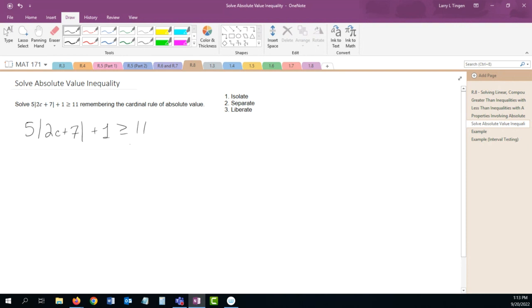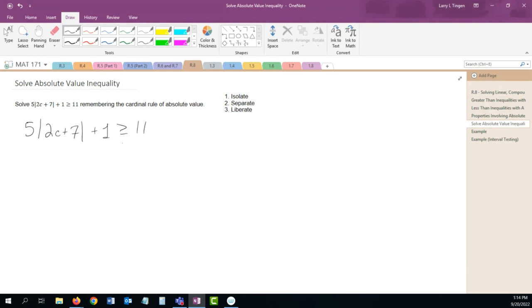I'm asked to solve this inequality. It's an inequality because there's not an equal sign, there's a greater than or equal to. So I'm asked to solve, which means I need to get c by itself. C is currently inside an absolute value. The only way to get c out of the absolute value is to isolate the absolute value, because that's the only way I'm allowed to take the bars off.